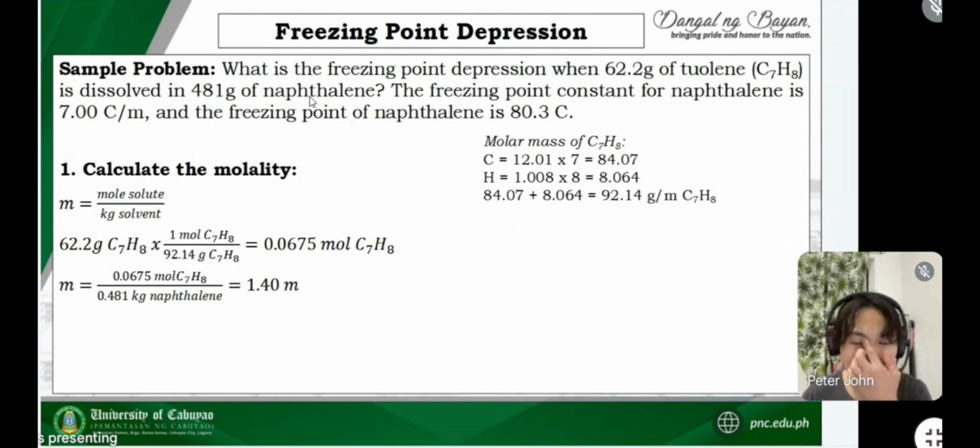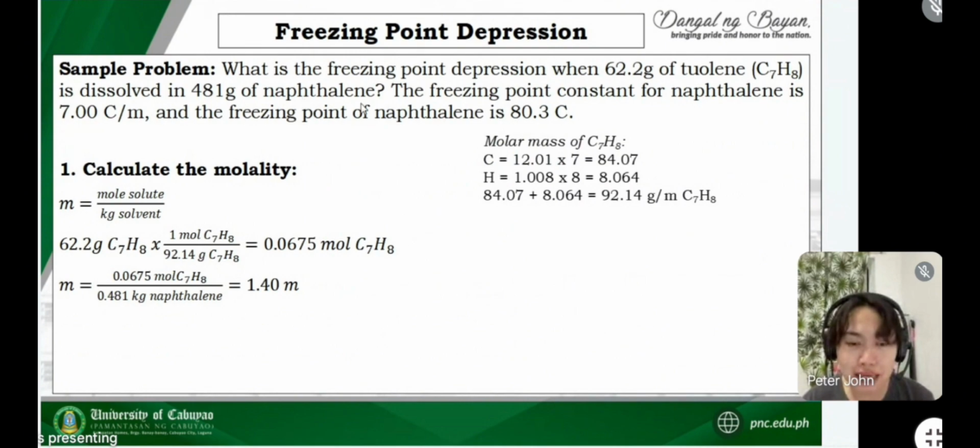So, ibig sabihin, kailangan natin basahin mabuti pag hindi siya given. Kailangan natin talaga siyang itanong. The freezing point constant of naphthalene is 7 degrees Celsius per molal, and the freezing point of naphthalene is 80.3 degrees Celsius. So, ibig sabihin, from the given problem, naphthalene, ayan po, naphthalene is our solvent.